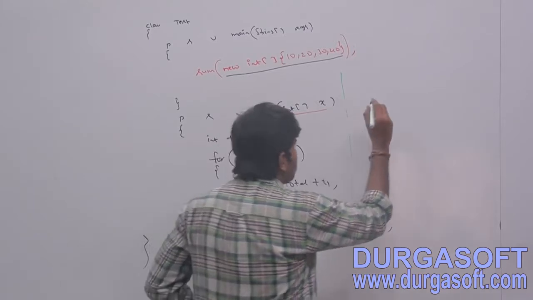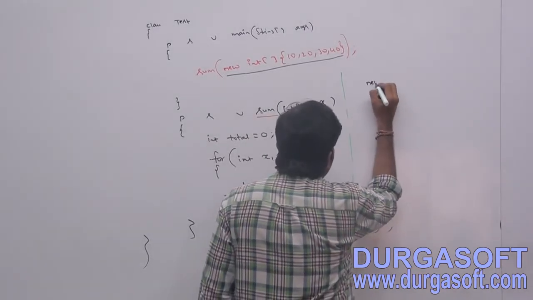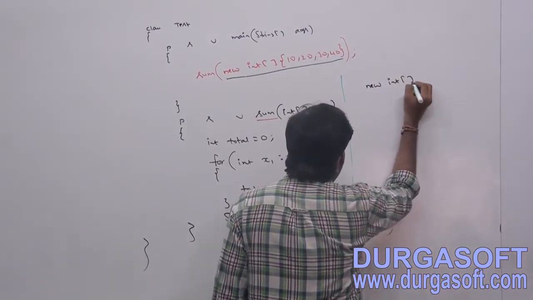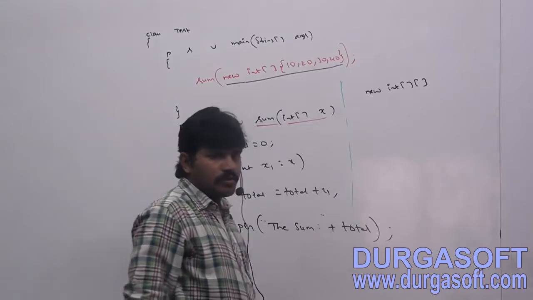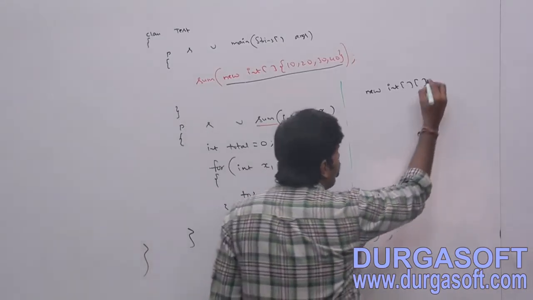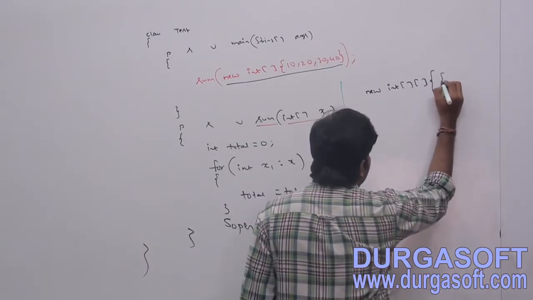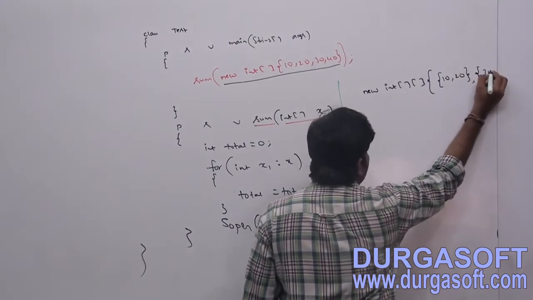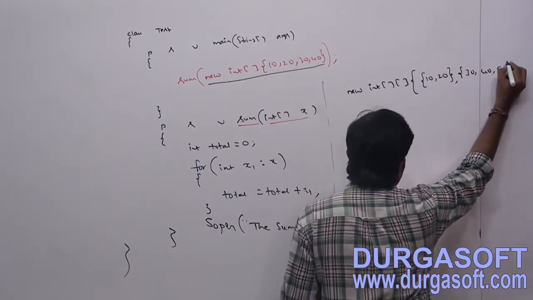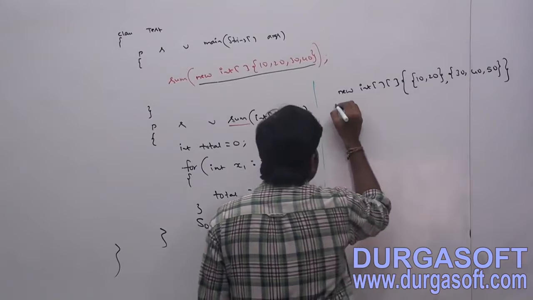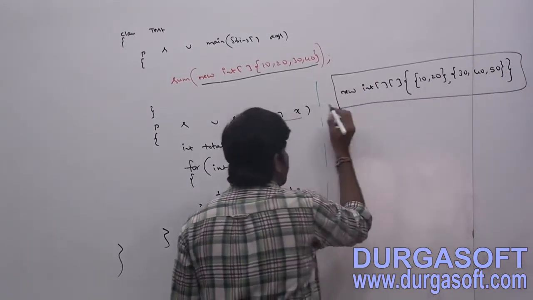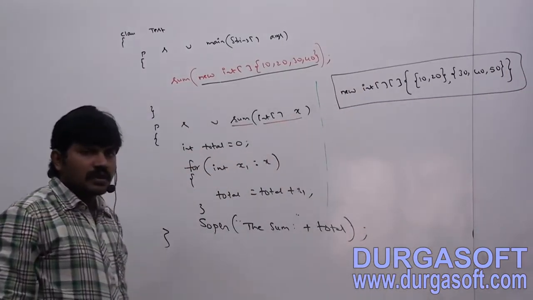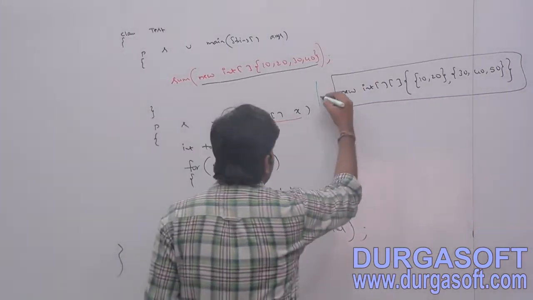Observe: new 2-dimensional array, with what values? Here 10, 20, 30, 40, 50, like this I am taking.